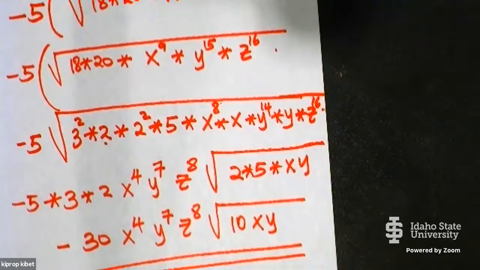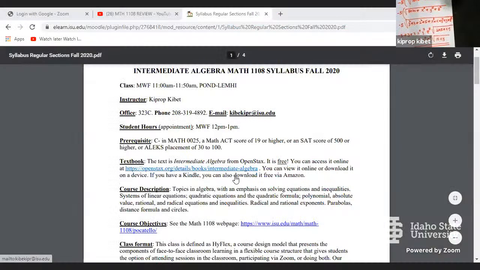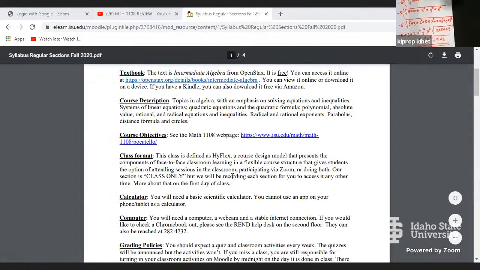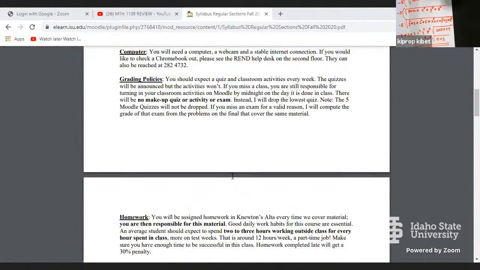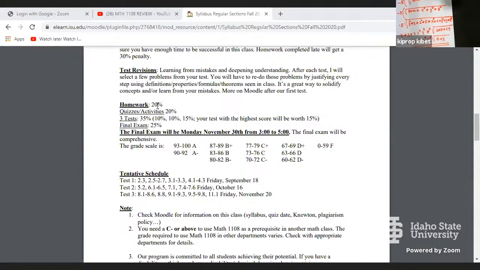So let me share the screen. So if you look at, see this one? Are you able to see? So your homework is 20%.